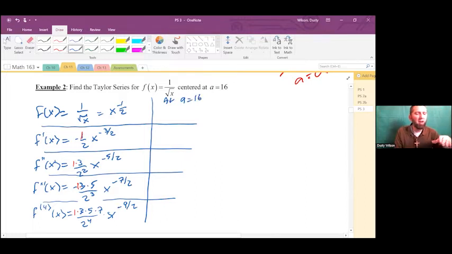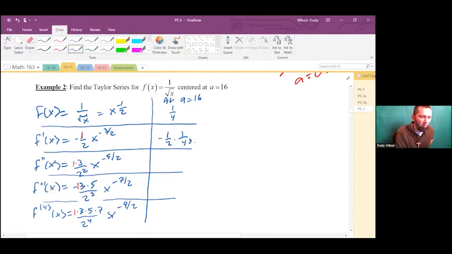So 16 to the negative 1/2 would be like 1 over the square root of 16, which would be 1 over 4. And then we have minus 1/2 times 1 over 16 times 4. Maybe I'll write that as 4 cubed. That might be a little easier.